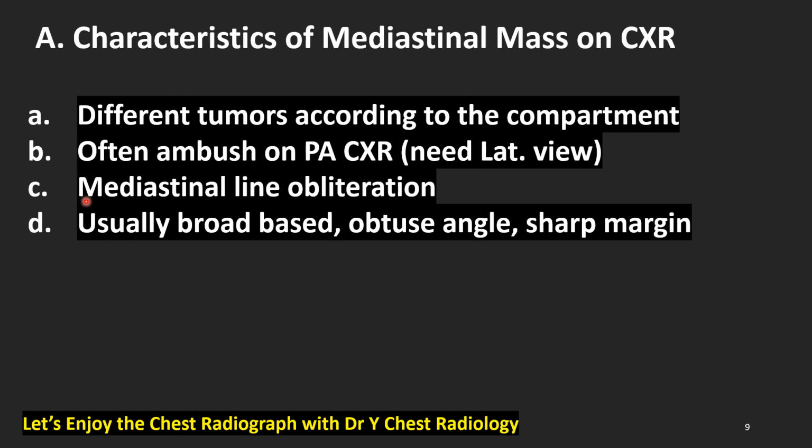Third, the mediastinal line or line of reflection is so important for mediastinal tumors. Fourth, mediastinal tumors are usually broad-based, showing an obtuse angle rather than an acute angle, with a sharp, clear margin.